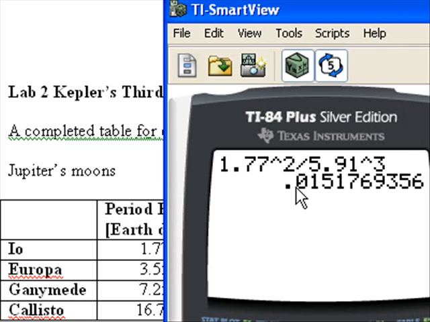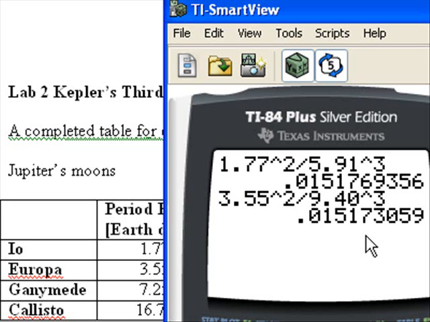And of course, we have that number already given there, 0.0152 rounded, but I just want to confirm that that's what we come up with. 3.55 squared for Europa divided by 9.40 cubed, and we're going to come up with 0.0152 rounded, and so on for the other data.